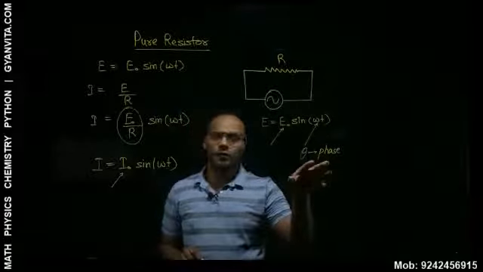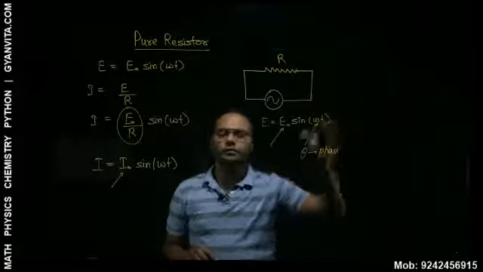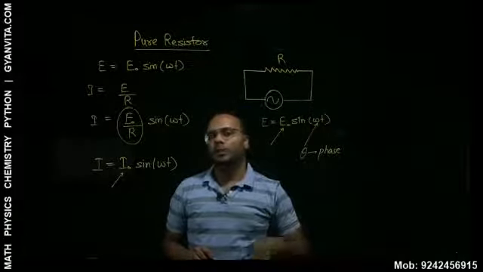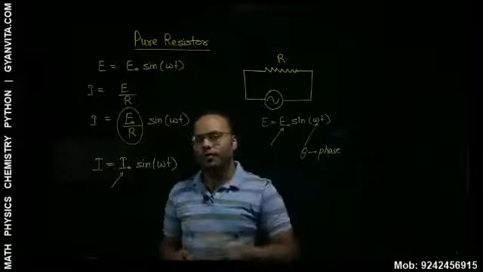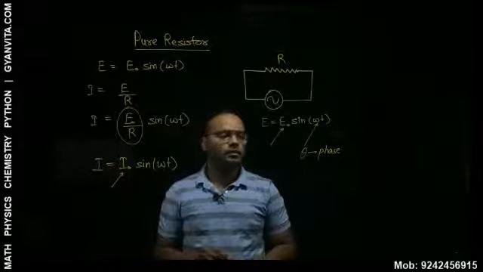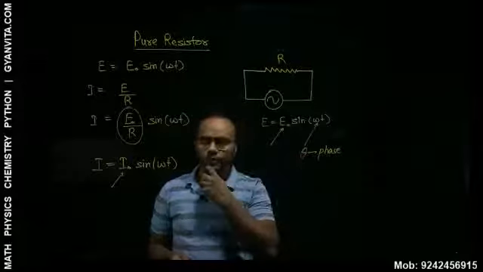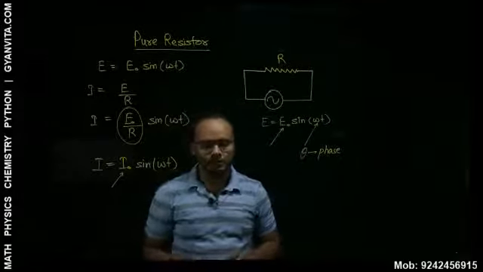And once we have the knowledge of phase and we have already drawn the wave diagram, the fourth thing we are going to do is draw the phasor diagram, where these two things will be represented as vectors. And if there is an angle between them, that angle will be shown. So these four things are there, right?